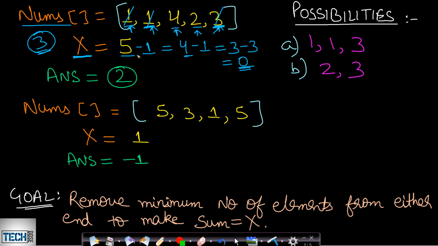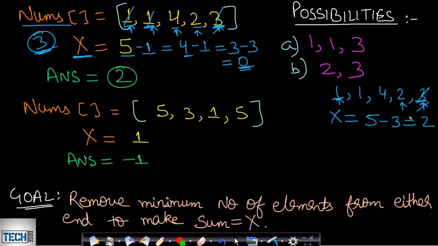Now there might be some other sequence of shorter length which will again reduce this x to 0. So if we are given the same array 1, 1, 4, 2, 3 and the number x equals 5, then our left pointer is pointing to this 1, and the right pointer is pointing to 3. Now if we reduce x by removing 3, then our right pointer will point to 2 and our x value will now be 2.